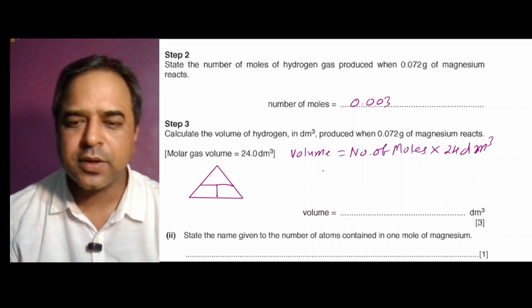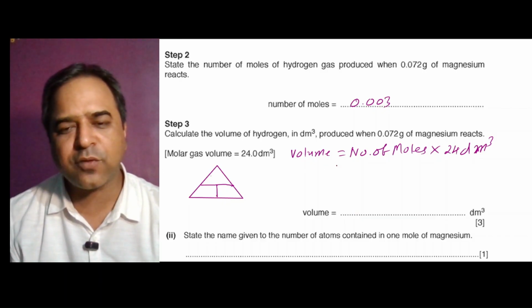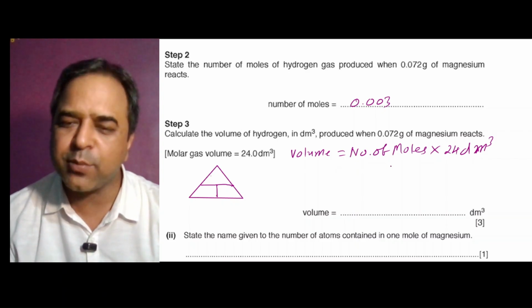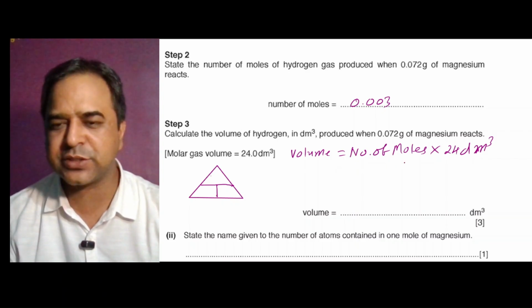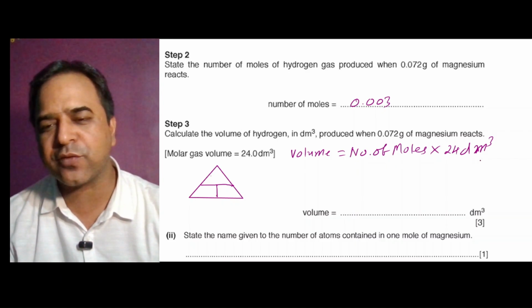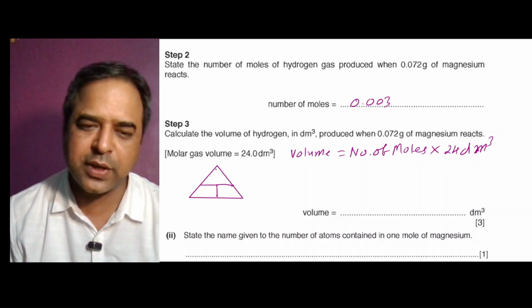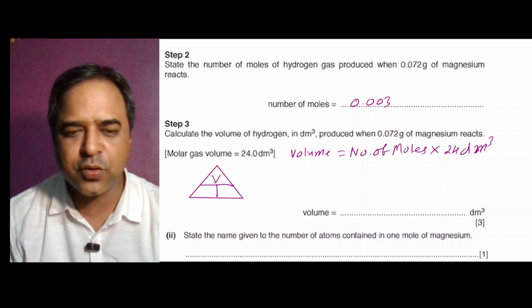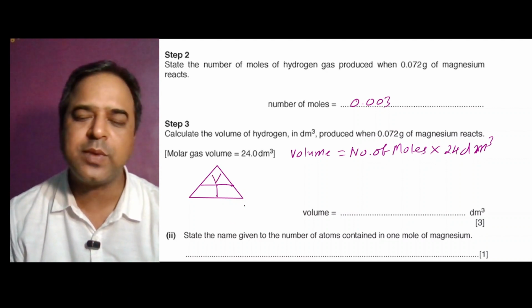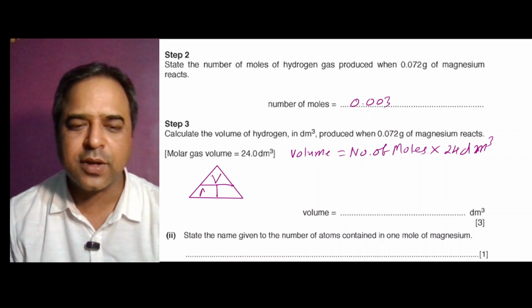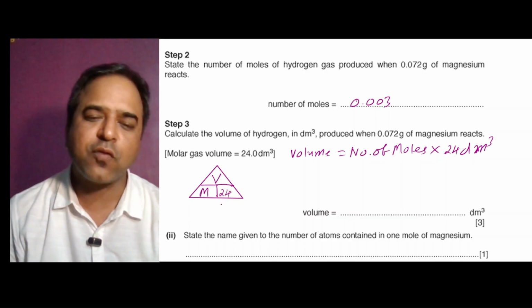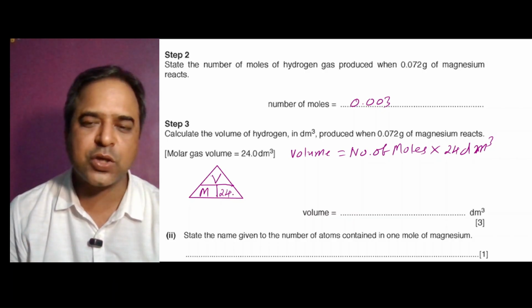Okay, children. So now you know that volume of hydrogen gas is equal to number of moles of hydrogen multiplied by 24 dm cube. You can make this formula triangle for volume. If you have to find out volume, that will be equal to number of moles multiplied by 24 dm cube.